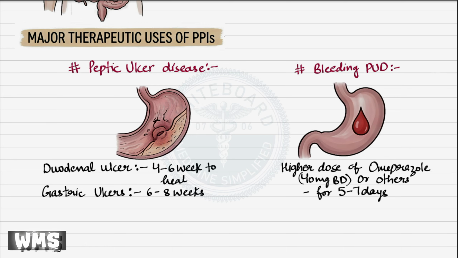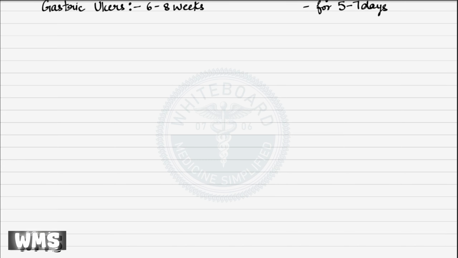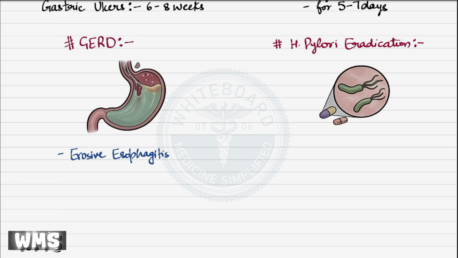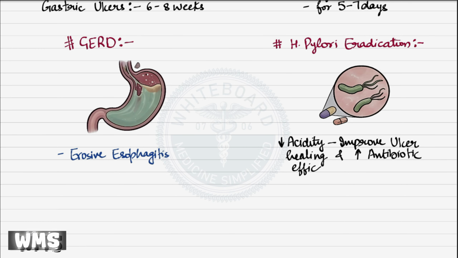They are also extremely important in the treatment of gastroesophageal reflux disease, particularly in severe cases and in patients with erosive esophagitis, where prolonged acid suppression may sometimes be necessary. In addition, PPIs are commonly included as part of the treatment regimen for H. pylori infection, since reducing gastric acidity improves ulcer healing and enhances antibiotic efficacy.